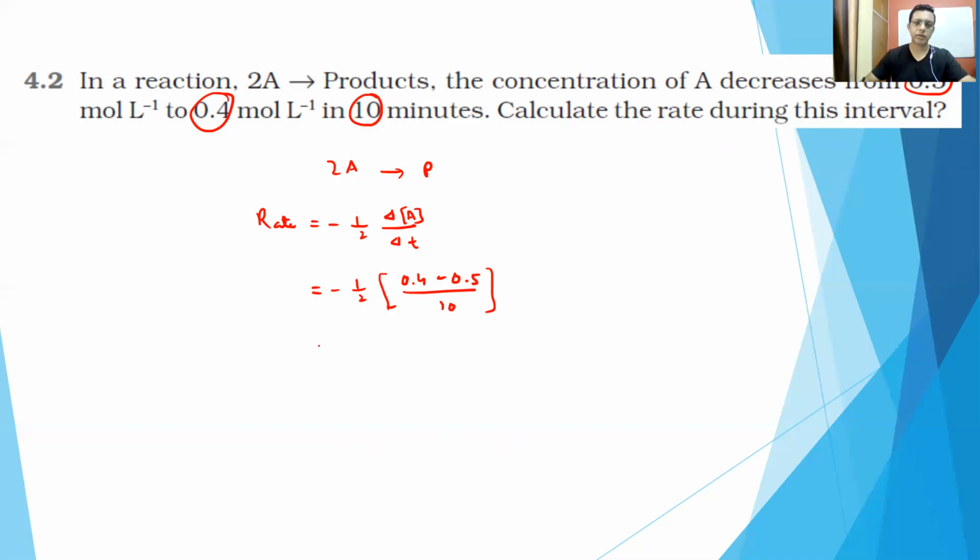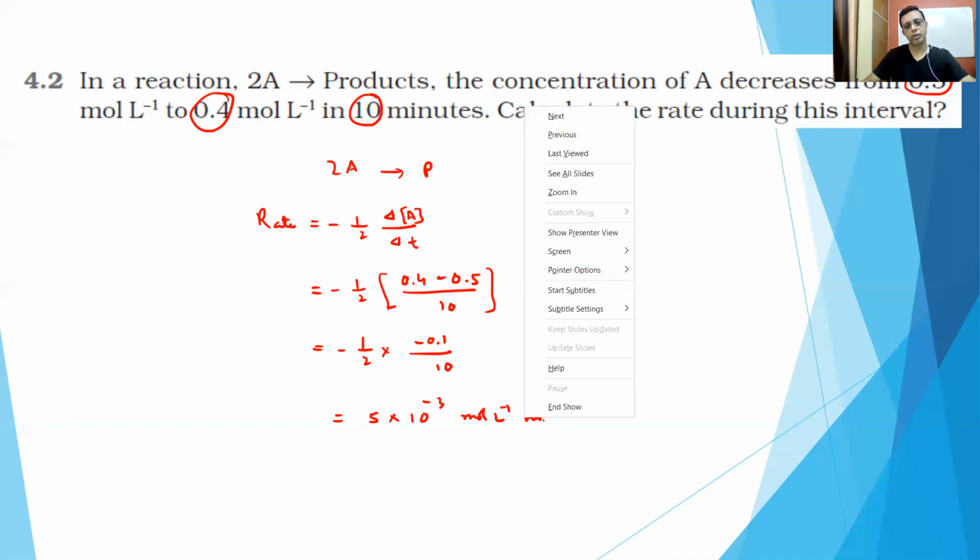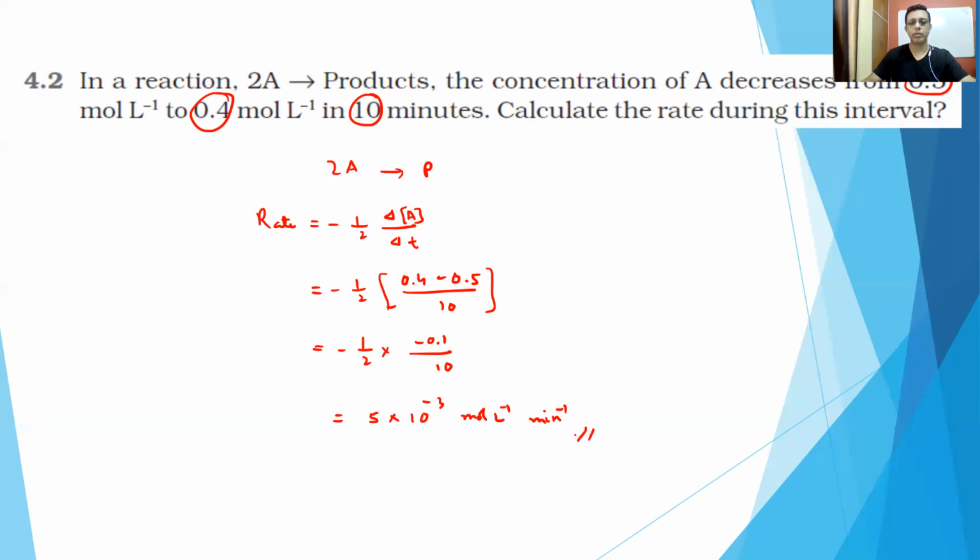So minus half into this is minus 0.1 by 10. So ultimately it will become 5 into 10 to the power minus 3 mole per liter per minute. So this is how we should try the questions.